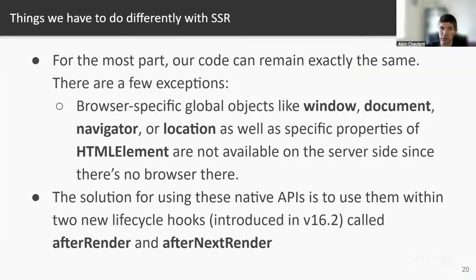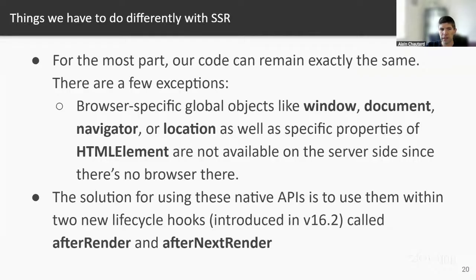You can only access the window if you are in a browser as well. The location, the navigator, if you try to get the geolocation of the user, that's also going to be browser specific. So all of these APIs are available in the browser, but they're not available in Node.js on the server side.